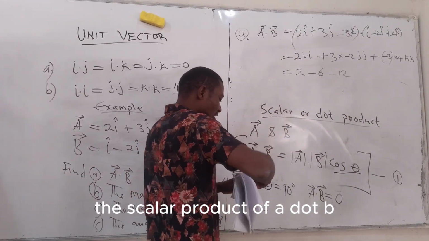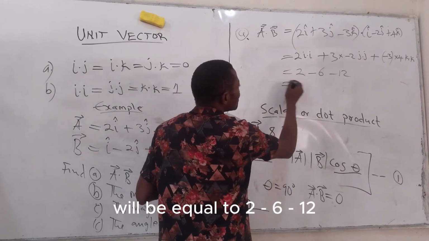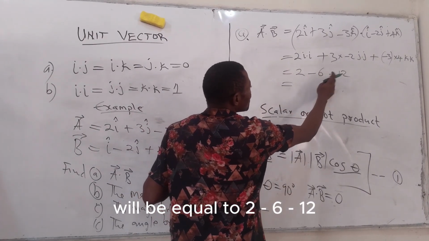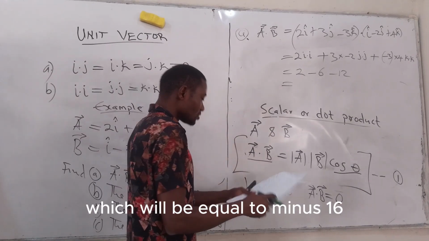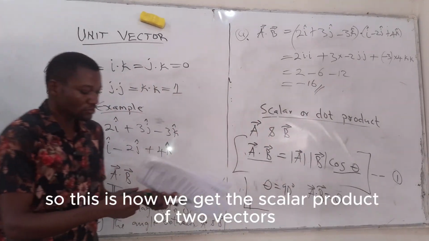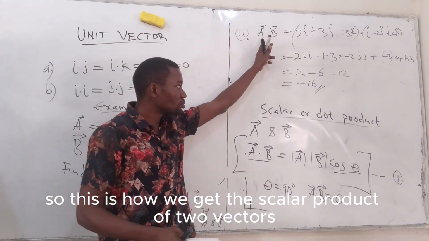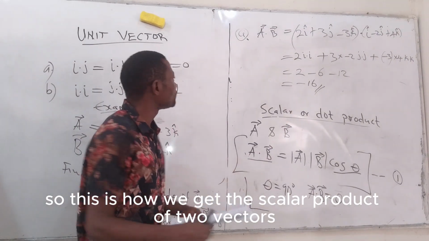So the scalar product of A dot B will be equal to 2 minus 6 minus 12, which will be equal to minus 16. Is it difficult? So this is how we get the scalar product of two vectors.